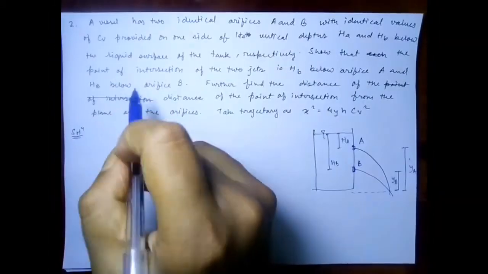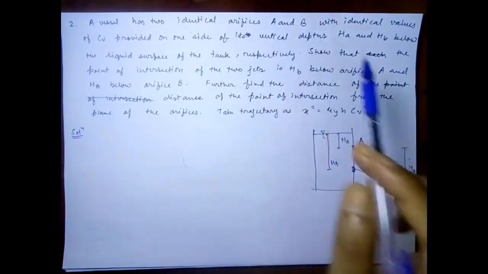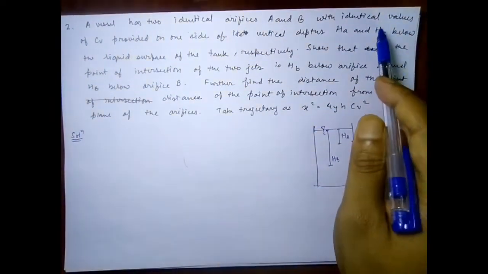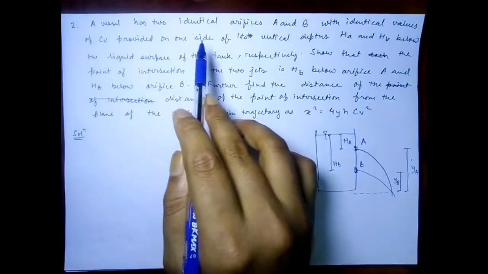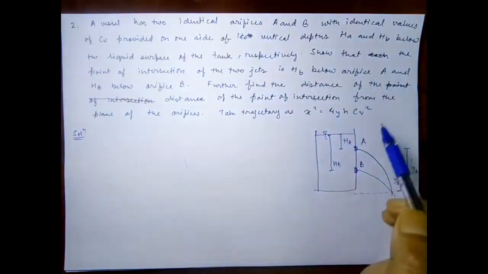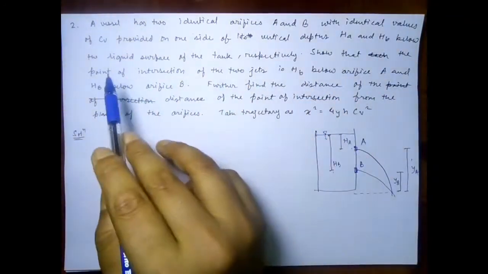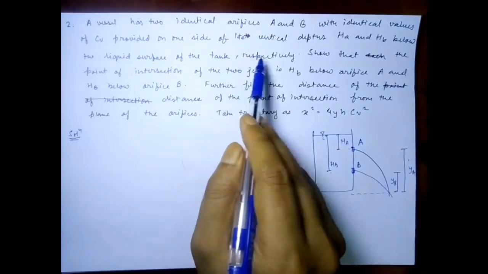So in this question, a vessel has two identical orifices A and B with identical values of CV provided on one side of its vertical depths HA and HB below the liquid surface of the tank respectively.